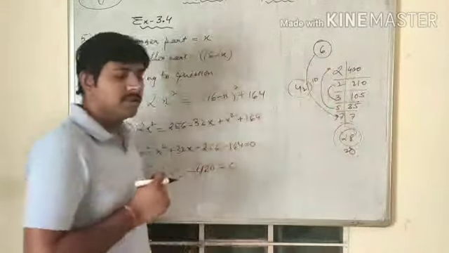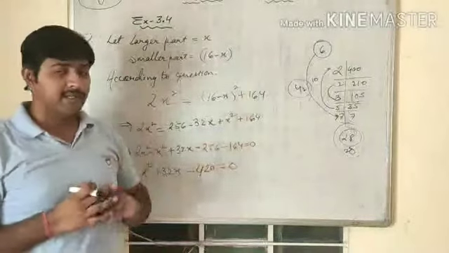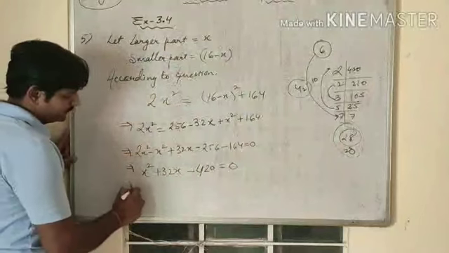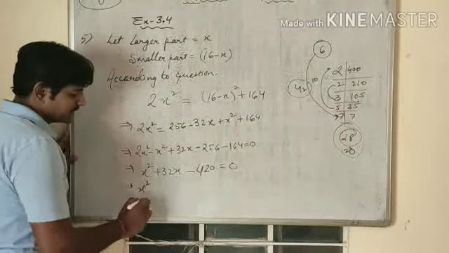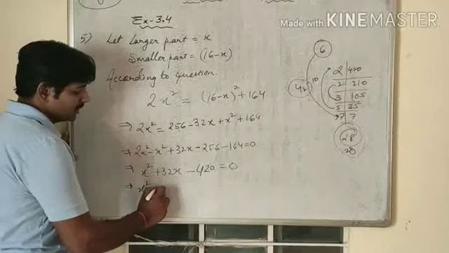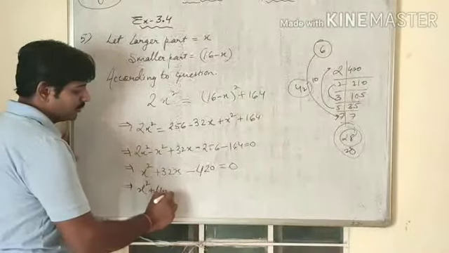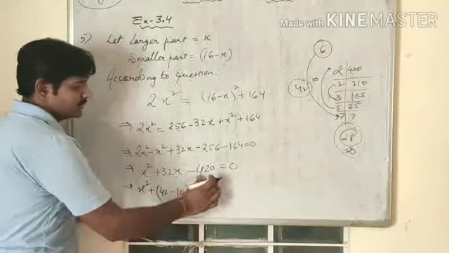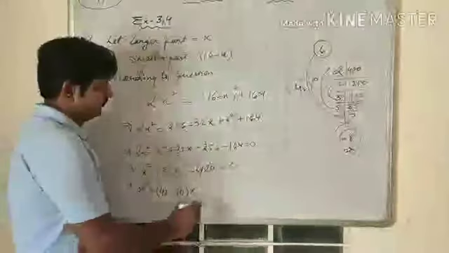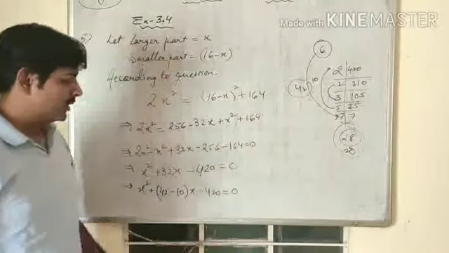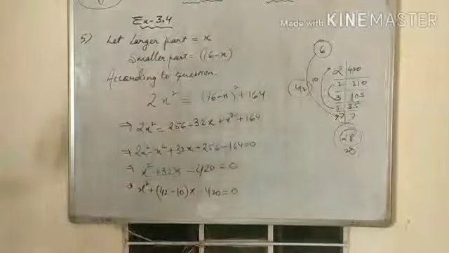If we subtract each other, we will get 32. So it can be factorized. Now x square plus, this 32 we will write as 42 minus 10. Their product is so simple, 420 minus 420 equals 0. Now I will erase this rough work.